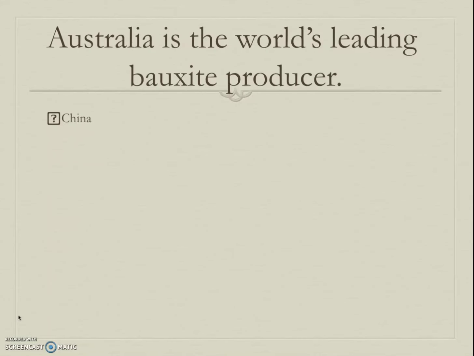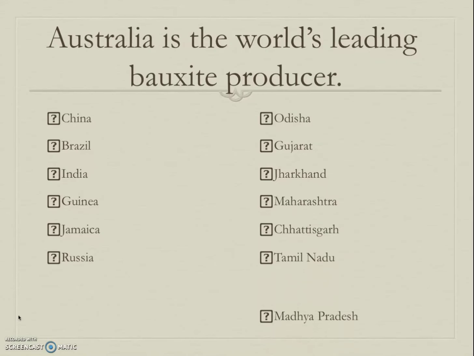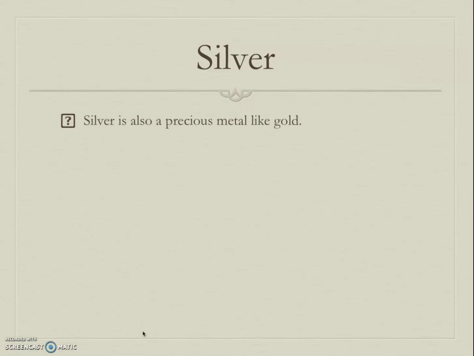Apart from that, China, Brazil, India, Guinea, Jamaica, and Russia also play an important role in bauxite production. Odisha, Gujarat, Jharkhand, Maharashtra, Chhattisgarh, Tamil Nadu, and Madhya Pradesh are the main bauxite producing states in India.